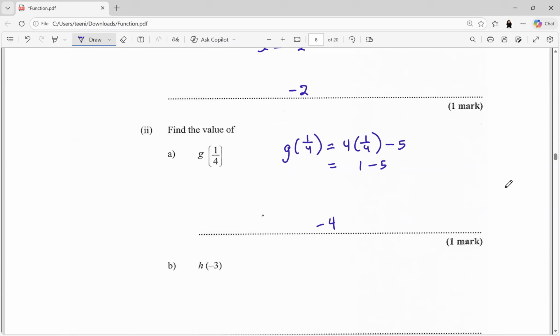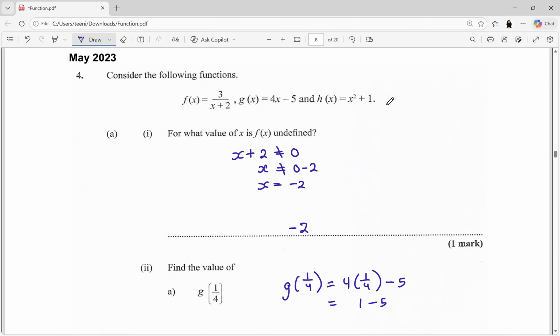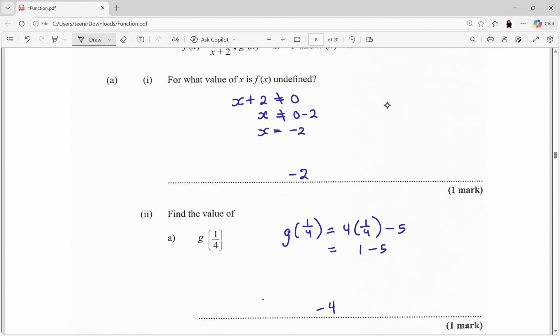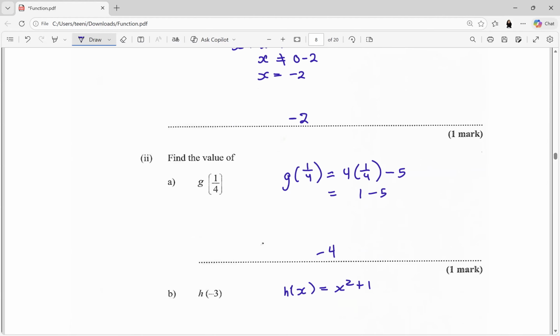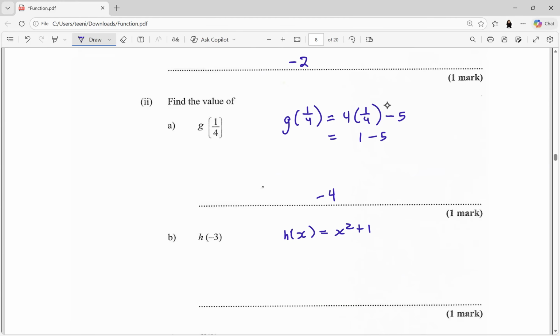All right. h(-3). So h(x) is x squared plus 1. Oh, sorry, plus 1, not -1. So that means that h(-3) will be (-3) squared plus 1. Evan, work that one out for me.